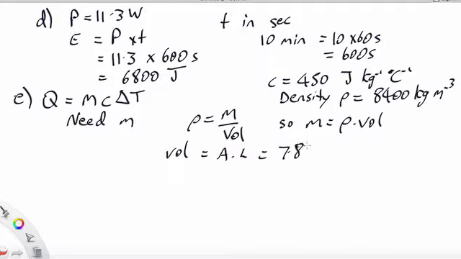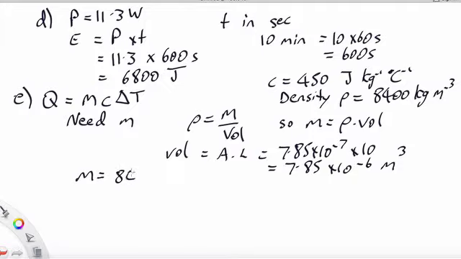It was 7.85 by 10 to the minus 7 times 10, which is 7.85 by 10 to the minus 6 cubic metres. So the mass is 8,400 times 7.85 by 10 to the minus 6, meaning that we have 0.066 kilograms of nichrome, or 66 grams.